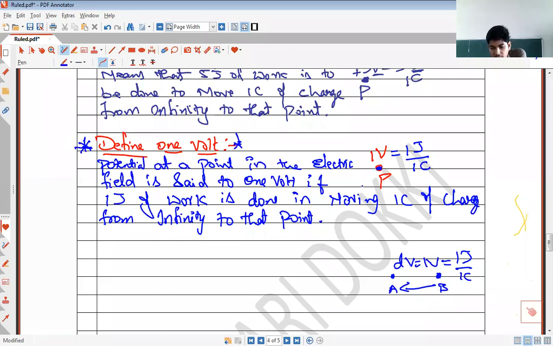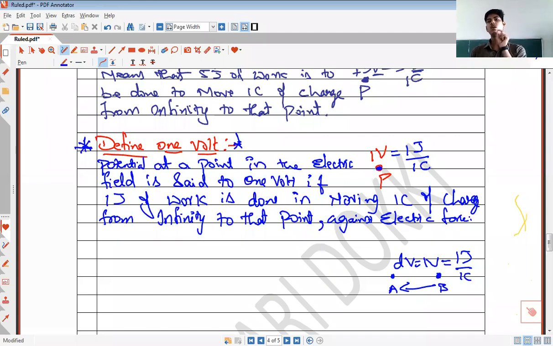Potential at a point in the electric field is said to be 1 volt if 1 joule of work is done in moving 1 coulomb of charge from infinity to that point, against electric force. You are doing work against electric force. Right? So this is how to define 1 volt.